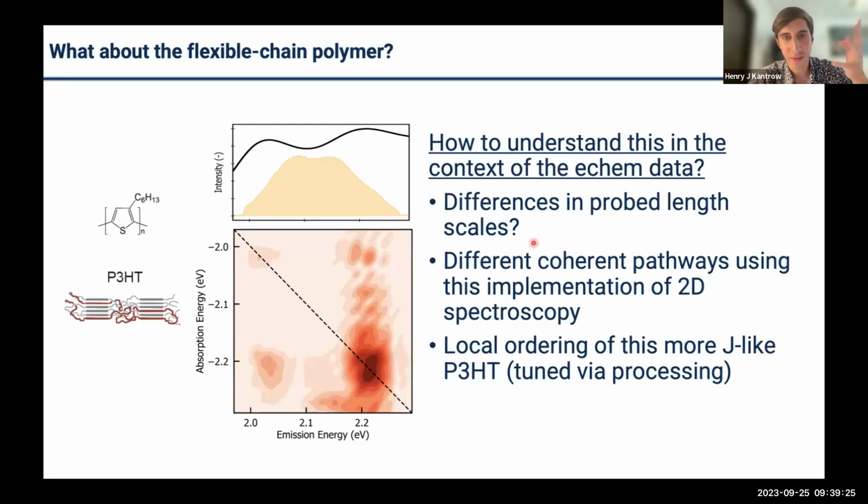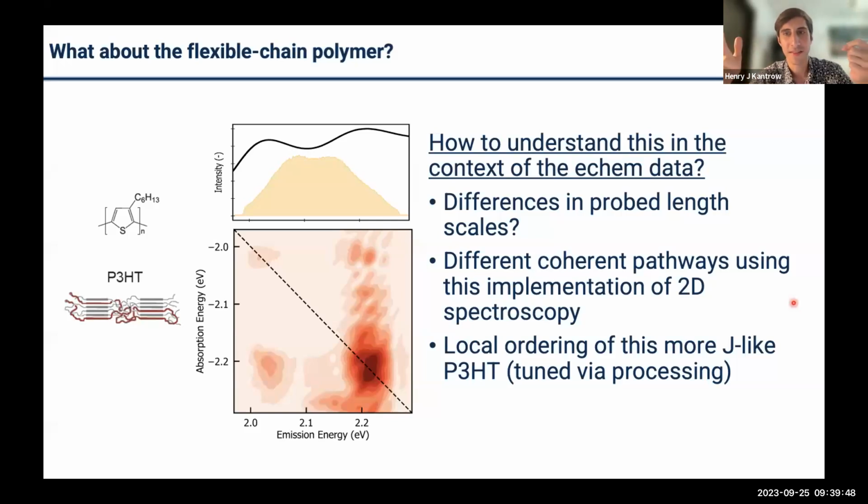So one proposition could be that here in 2D spectroscopy, perhaps the length scales at which we're probing this disorder are different from those of these electrochemical methods. Then, to understand this versus previous implementations of 2D spectroscopy that have measured P3HT, these can oftentimes differ slightly in the coherent pathways that we use to observe the signal.